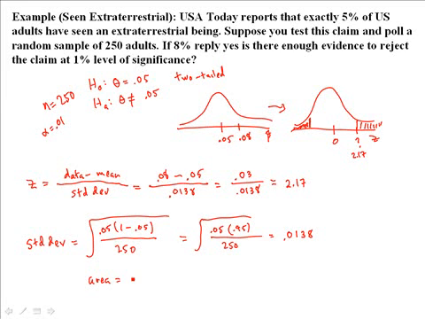So the area to the right of 2.17 is going to be 1 minus the table lookup for 2.17. So it's 1 minus 0.9850.